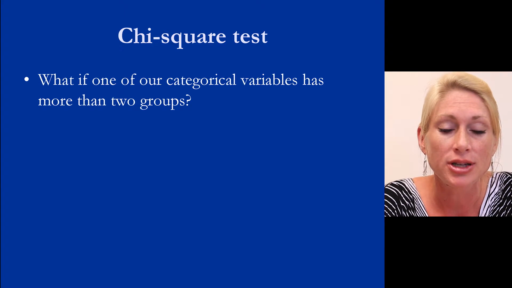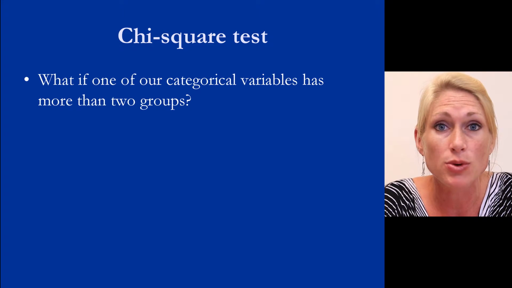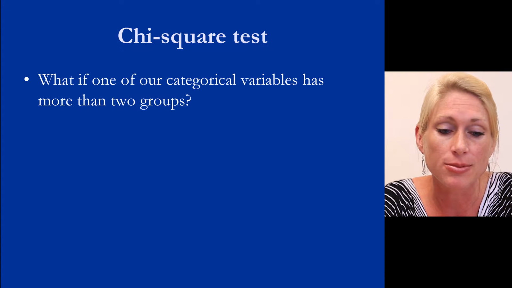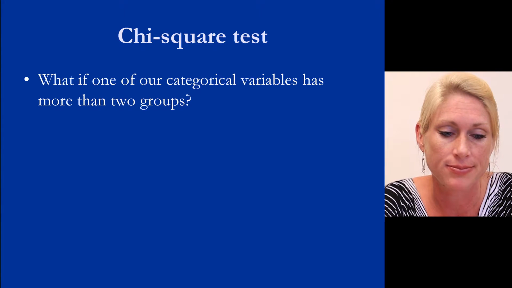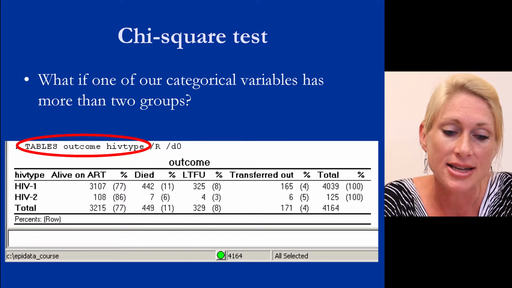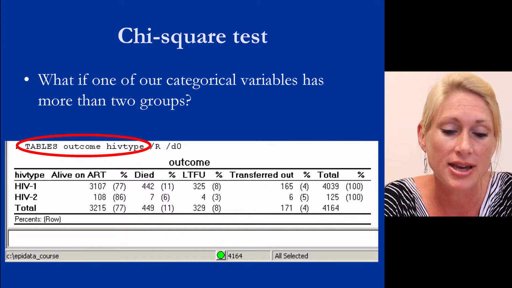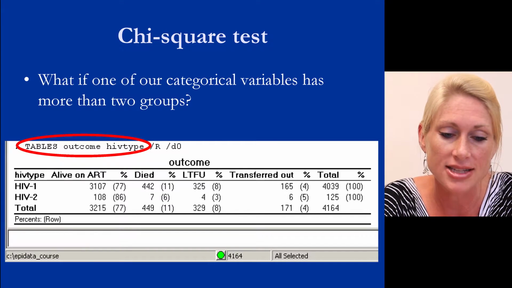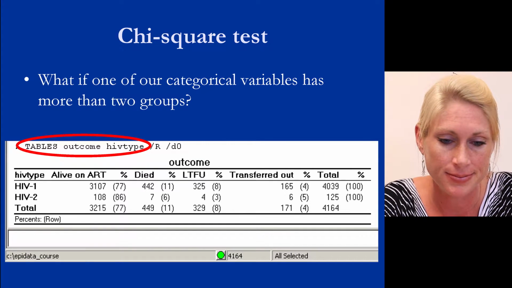In the previous example, both our categorical variables were binary variables, meaning that they were only formed of two groups. But what if one of our categorical variables has more than two groups? As in this example. Here we are analysing the variable outcome with HIV type, and the variable outcome is a categorical variable with four groups: alive on ART, died, lost to follow-up, and transferred out.